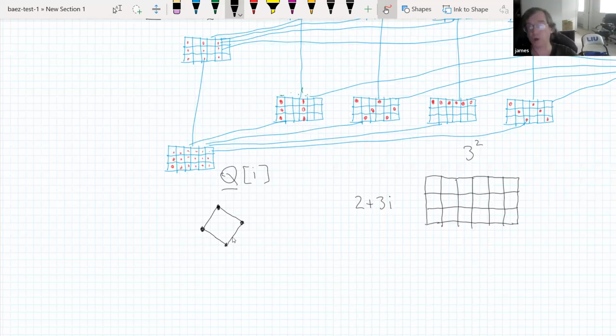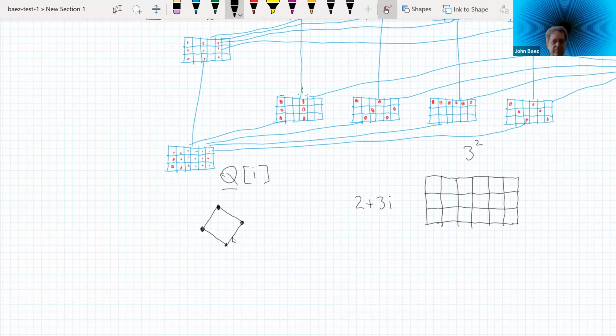The 4 corners are really just, I guess there's some sort of little Pick's theorem thing going on here. The 4 corners are all the same 0 element of the quotient, right? And then there are these 12 crossings inside, 12 vertices inside, which are the 12 non-zero elements.